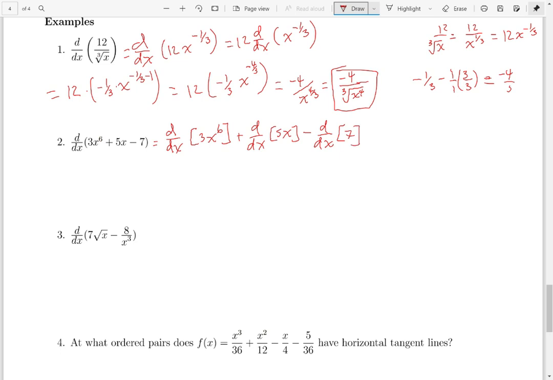Then we use our rules for each one of these independently. So first off, I've got d dx of 3 times x to the 6th, then you can pull that constant out, right? And so that's the same thing as 3 times d dx of x to the 6th. Now, I'm being very careful here, but at some point you won't have to write out every single tiny step.